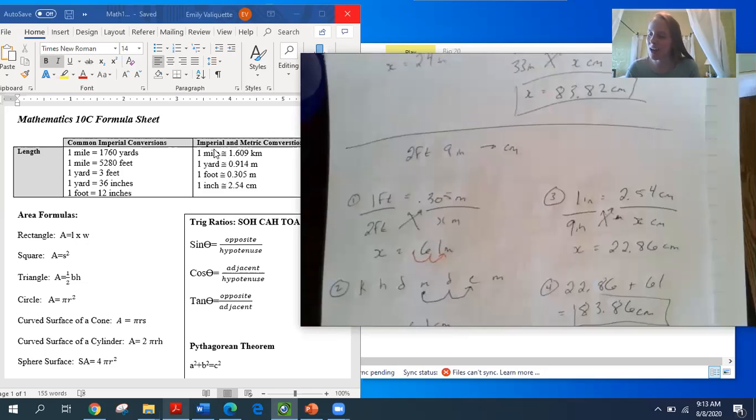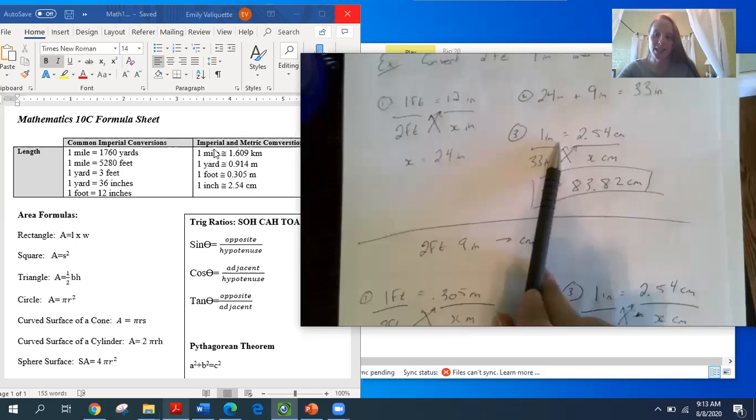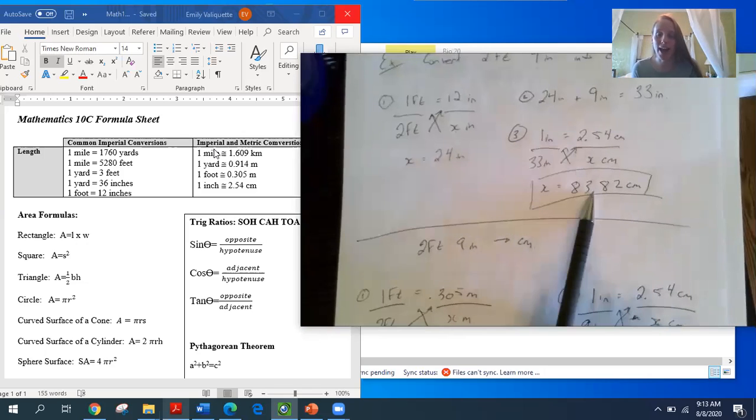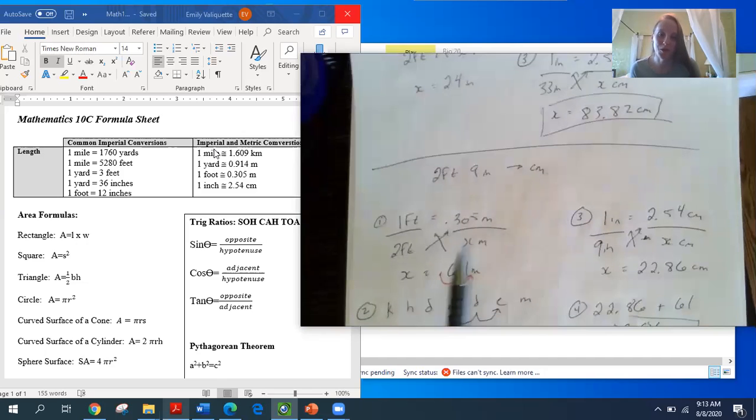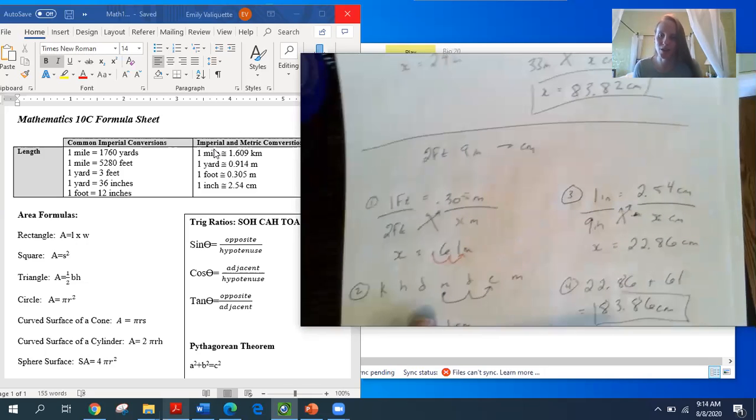So because I have done 2 different imperial to metric conversions in this second example, and only 1 in my first example, it means that my first example is actually more accurate. However, there will be times where you have to do more than 1 imperial to metric conversion. On a test or a quiz, either one of these answers would be accepted as correct.